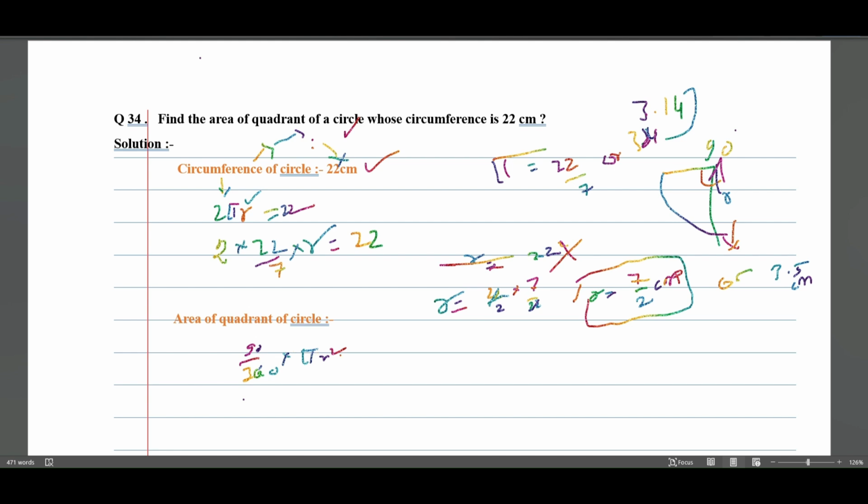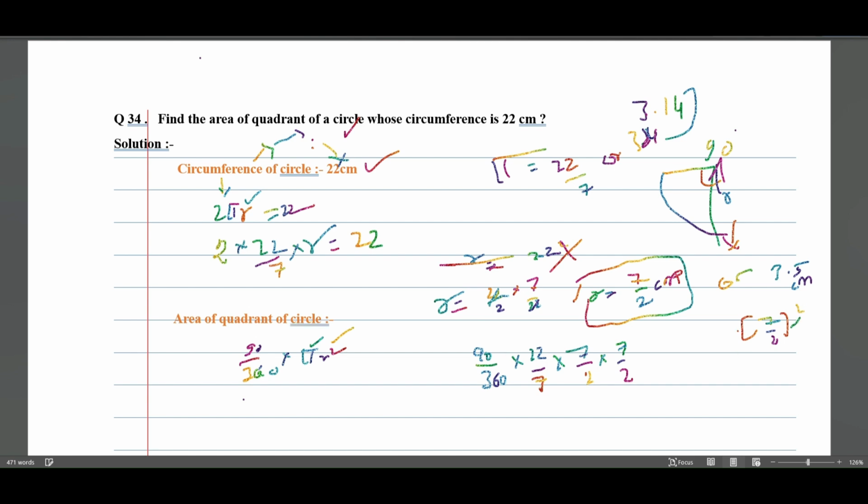We know the value of r and pi, so from here it is 90 divided by 360 multiplied by 22 by 7 into 7 divided by 2 multiplied by 7 divided by 2, or we can write this as 7 divided by 2 the whole square.